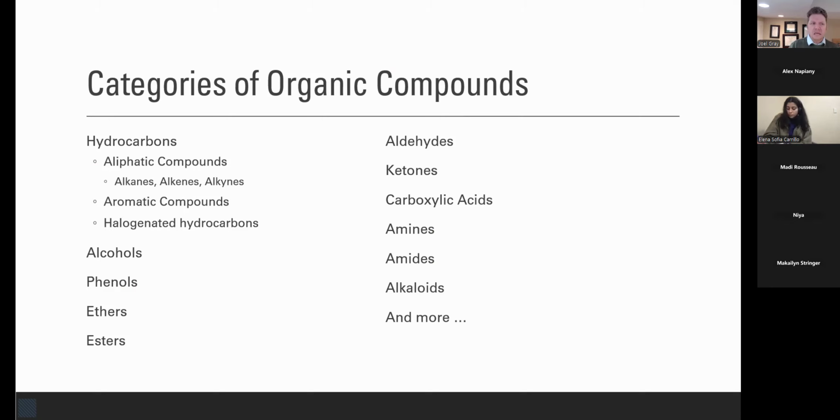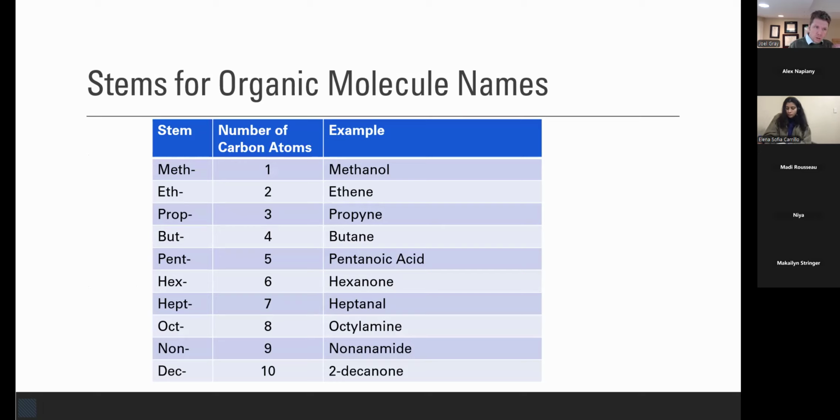Now, we're going to get into these individually. We're going to start out with hydrocarbons, then we're going to look at aliphatic compounds, and we're going to specifically look at alkanes, alkenes, and alkynes. Now, I want to jump ahead to the stems for organic molecules. When it comes to the naming of organic compounds, what we're most interested in is, well, how many carbons does that molecule have?